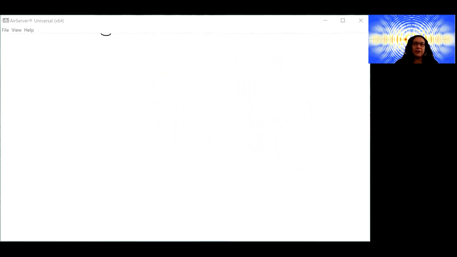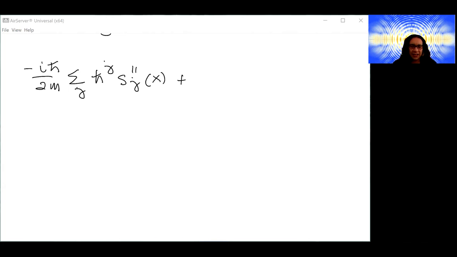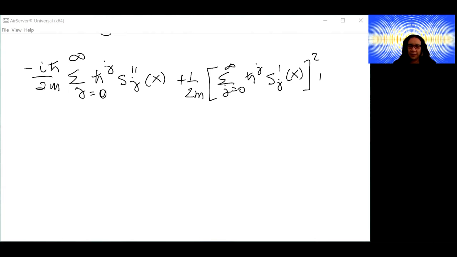And when we do this, we find minus i h bar over 2m, remember we had already expressions in terms of S, the sum over j from 0 to infinity of h bar to the power j S_j double dash (x), plus 1 over 2m, the sum over j from 0 to infinity of h bar to the power j S_j dash (x), plus V(x) minus E equals 0.